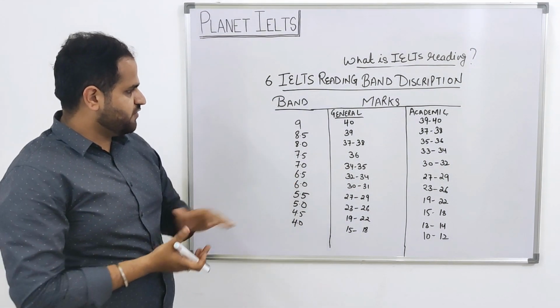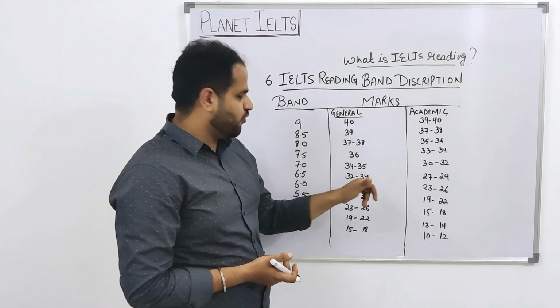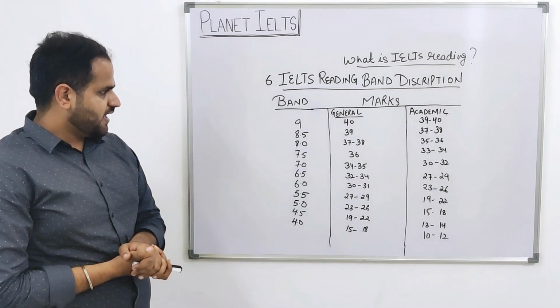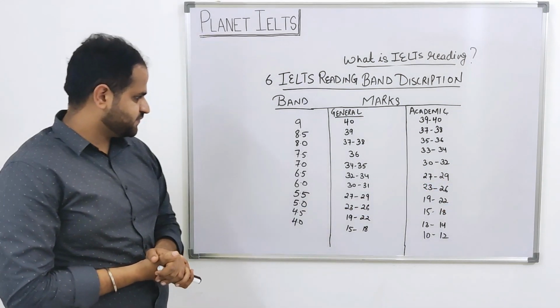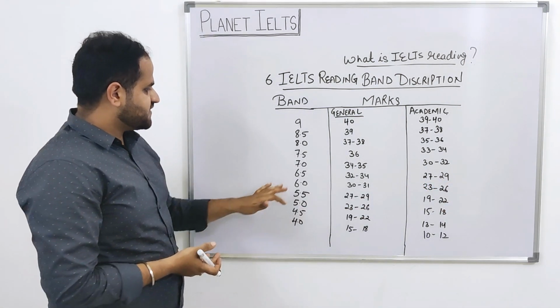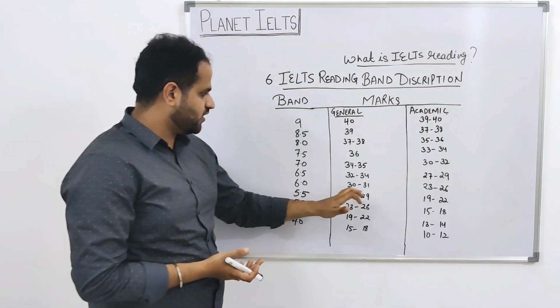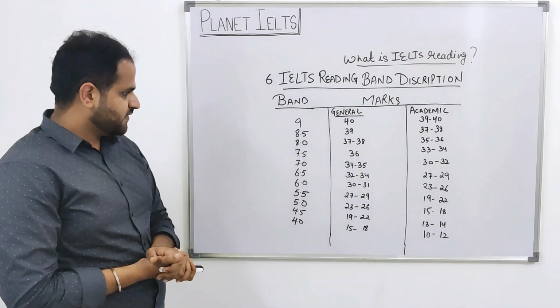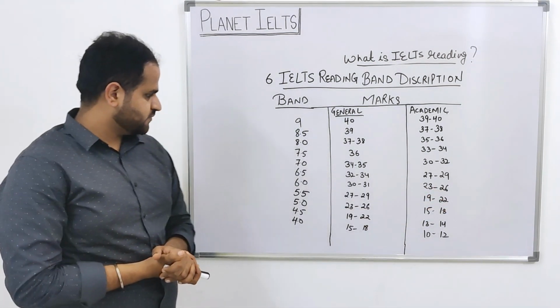In terms of 6.5, in general, you need 32 to 34 correct answers, and for academic, 27 to 29 correct answers. In terms of 6 bands, for general, to score 6 band, you need 30 or 31 correct answers, and in academic, you need 23 to 26 answers.